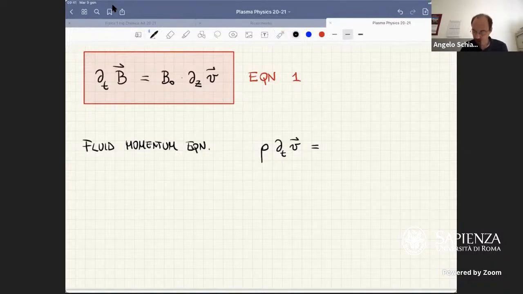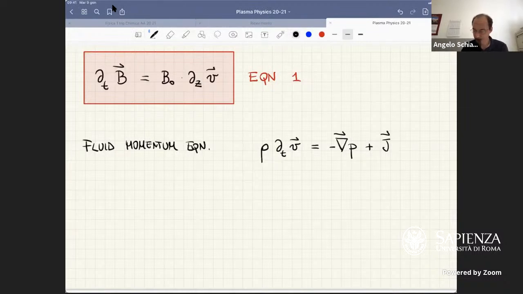So the first force that we have is the gradient of the pressure field. So we have a pressure gradient, and obviously the force acting on the fluid is in the direction opposite to the pressure gradient, minus grad P, and the other one is, rho, plus the J cross B force acting on the current carried by the fluid.